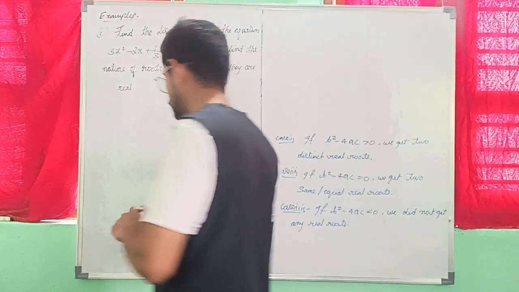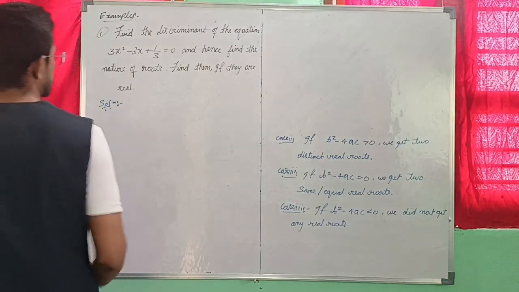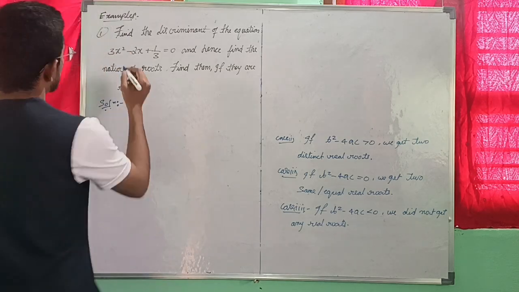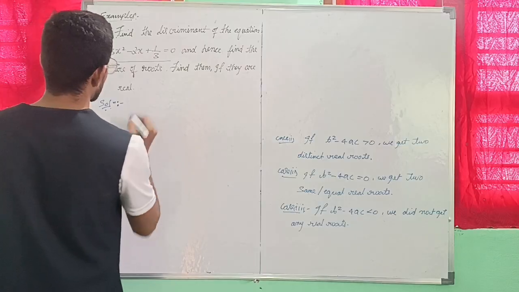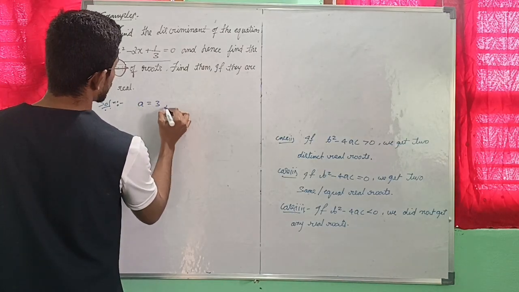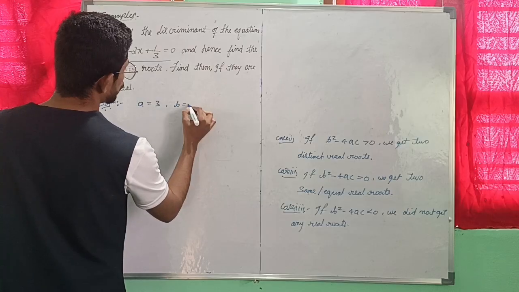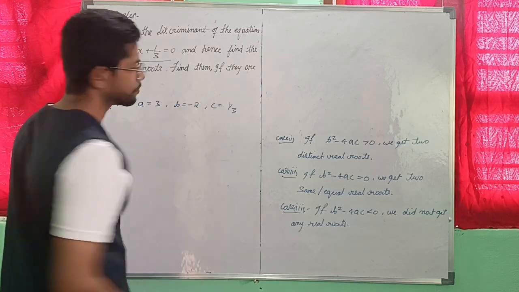Let's solve this. Solution. By considering the equation given here, we can take a equals 3, b equals minus 2, and c equals 1 by 3.